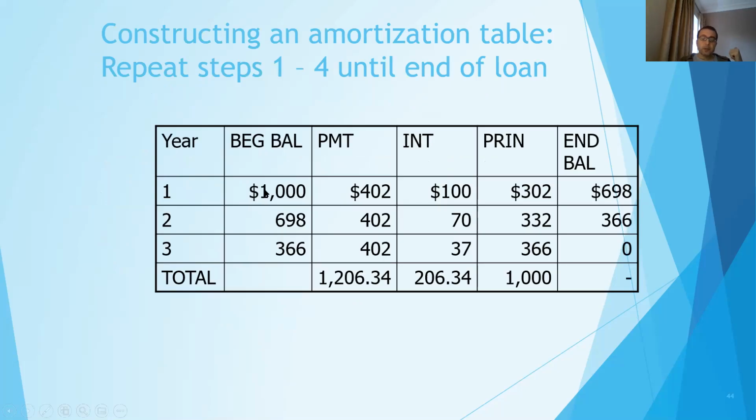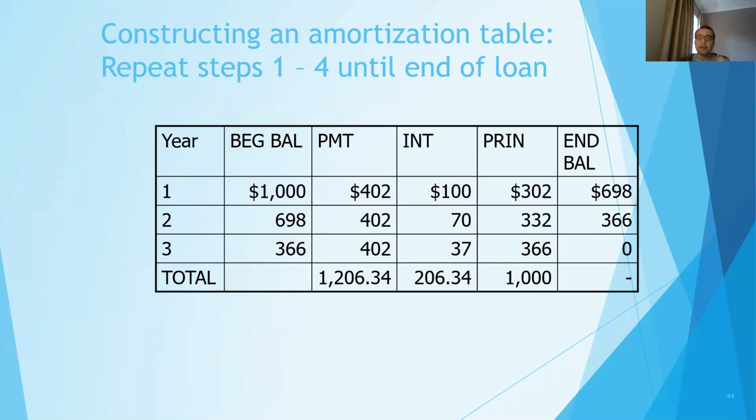We begin with the 1,000, and the same amount of money, 402, is paid on a yearly basis. The first year, the interest payment is 100, which is 10% of the beginning balance. And because we are paying 402, the remaining 302 is paid from the principal part.